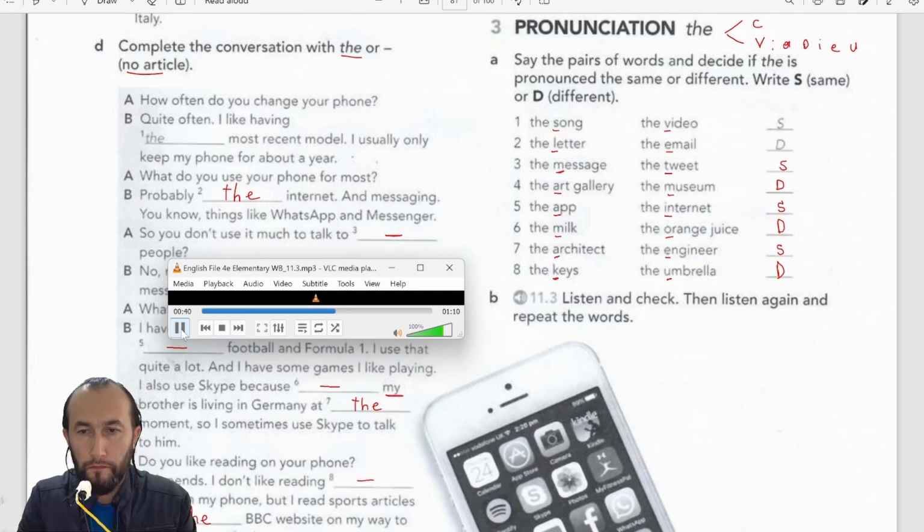The app. The internet. 6. The milk. The orange juice. 7. The architect. The engineer. 8. The keys. The umbrella.